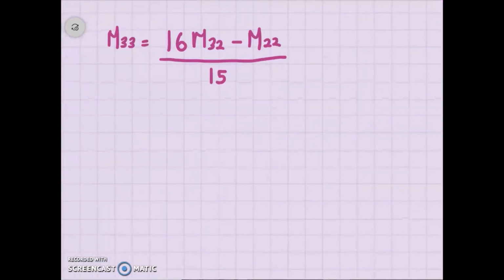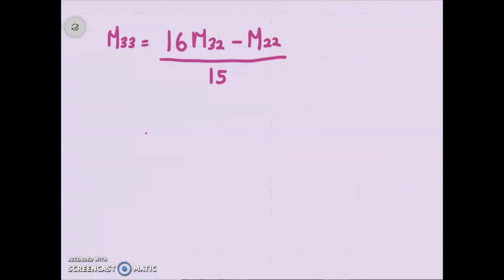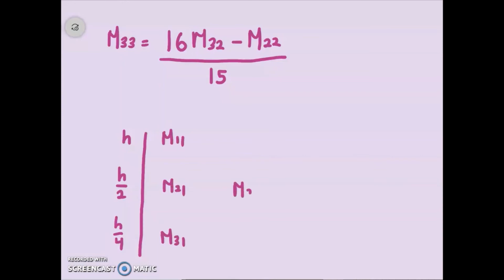Why should it be like that? I think I've explained earlier on, if this is h over 2, this is h over 4. Let's write it down again: M22, M32, and M33, which is our best estimation.